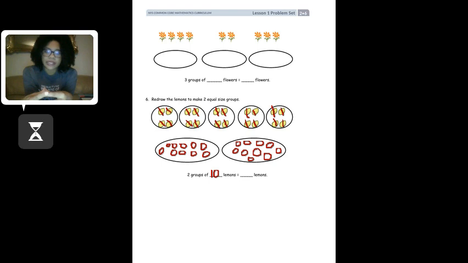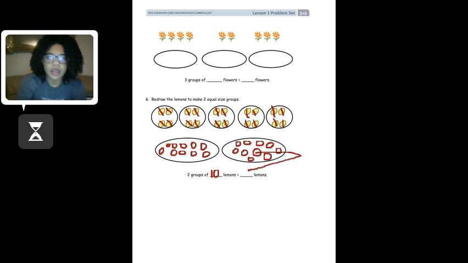we're going to put, let's see, how many in all? So if I have 2 groups of 10 lemons, how many lemons is that in all? So I have 10 in my first group, and then I have 10 in my second group, or I have 10 lemons in my mom's jug and 10 lemons in my dad's jug. So I want to know, how many lemons do we have in all? So I'm going to do 10 for my mom plus 10 for my dad. So 10 plus 10 is, let me just erase that real quick.